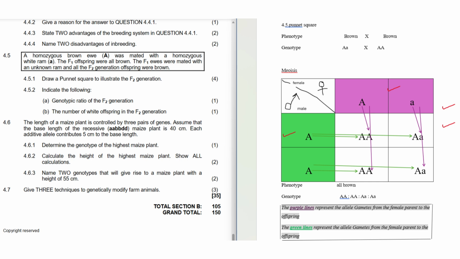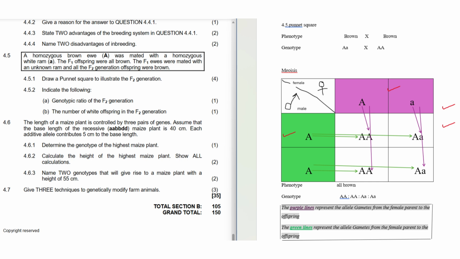Okay, and it's not a coincidence. So as a result, the heterozygous and homozygous dominant offspring all give us the dominant trait, because the dominant allele masks the recessive allele.